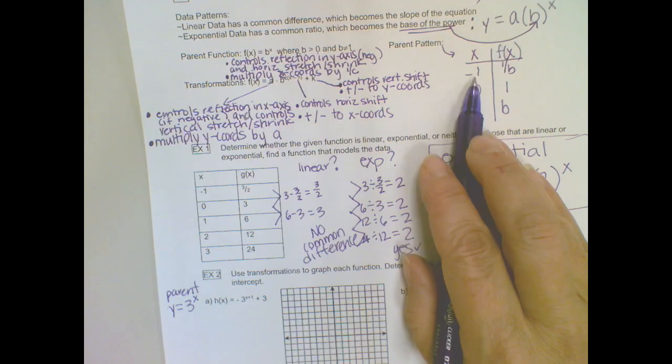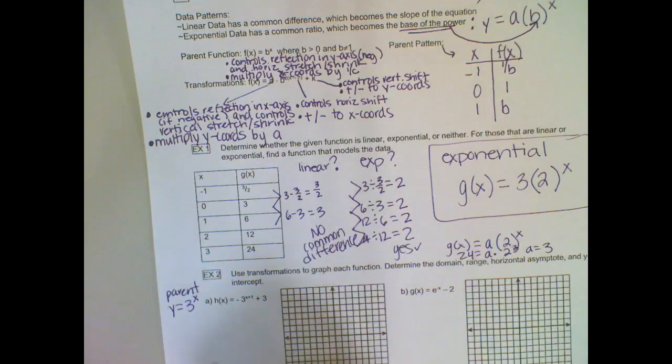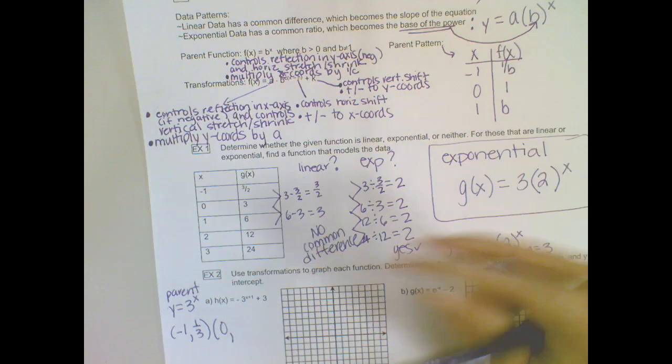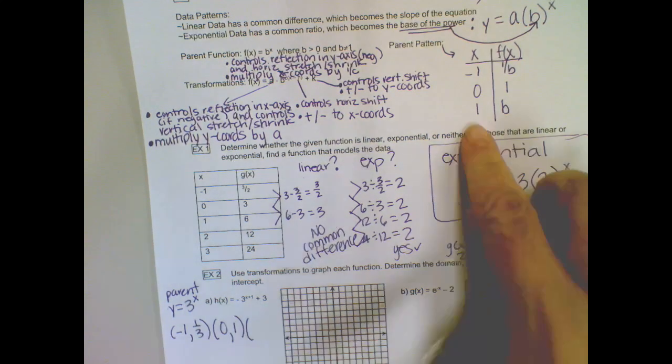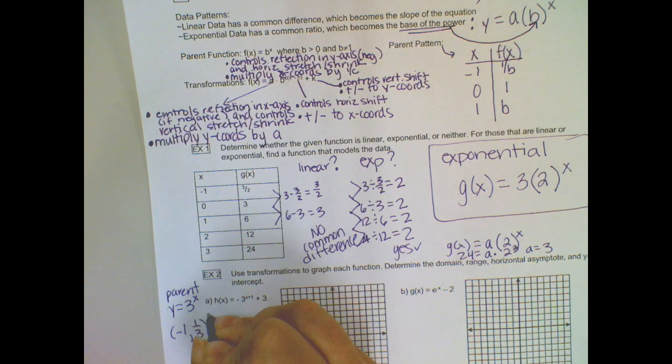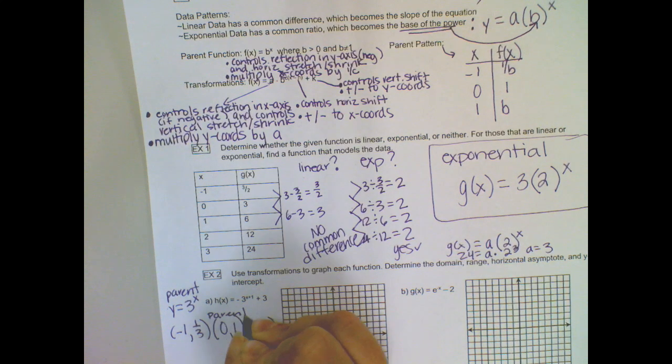So using what I should know about my parent, I should have -1 and then 1 over b. b is 3, so 1/3. This is our first parent point. Then 0, 1, and then 1, b. So 1, 3. So these are the parent points.